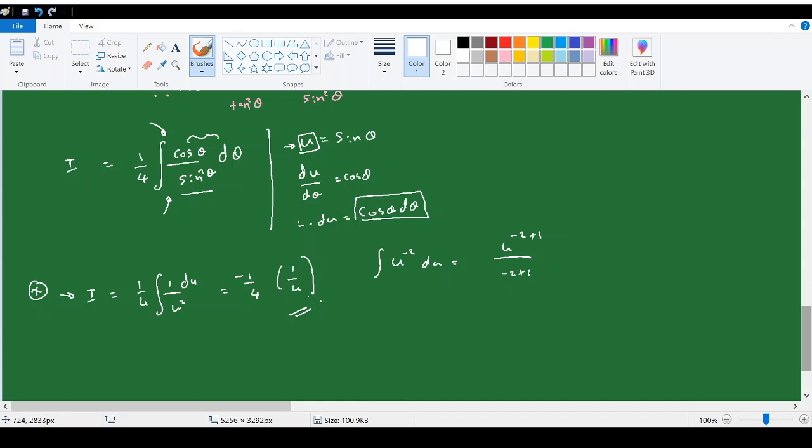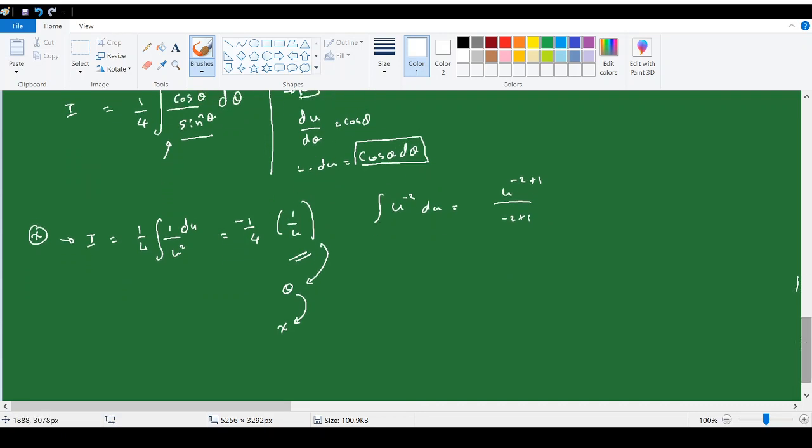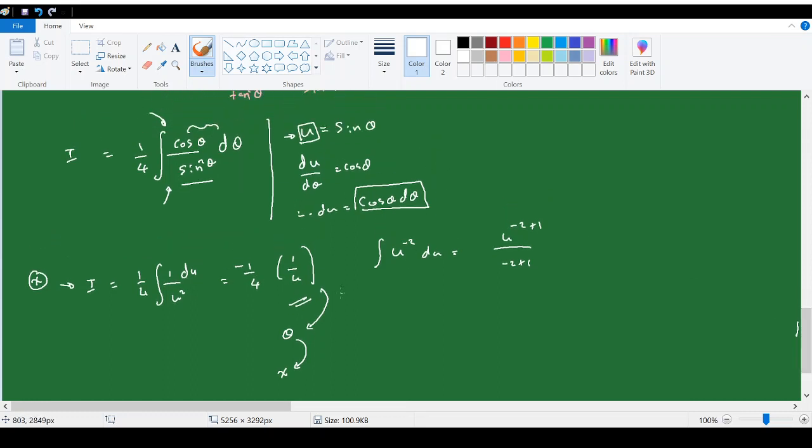Okay, so first we should convert it in terms of theta, and then we should convert it to the terms of x. Converting into terms of theta is not difficult at all, because we know the value of u, which is equal to sine theta.